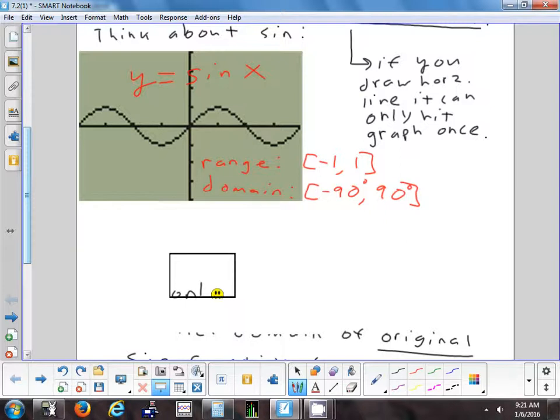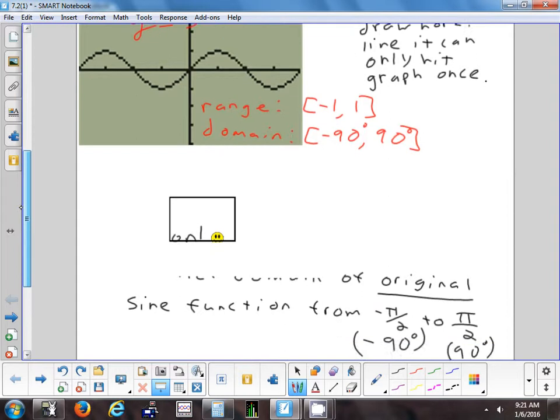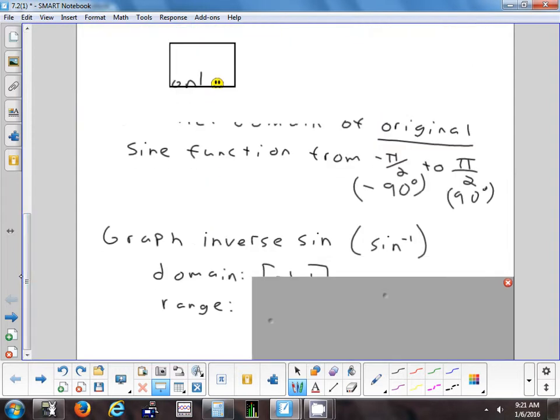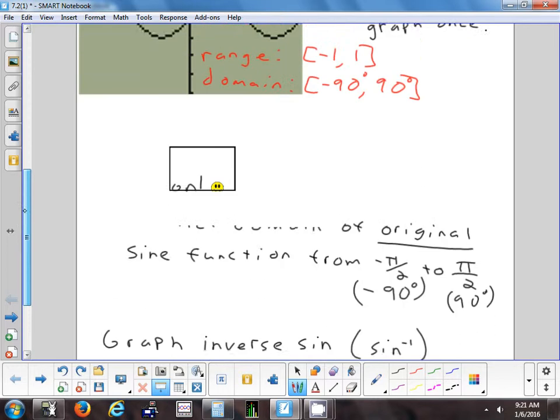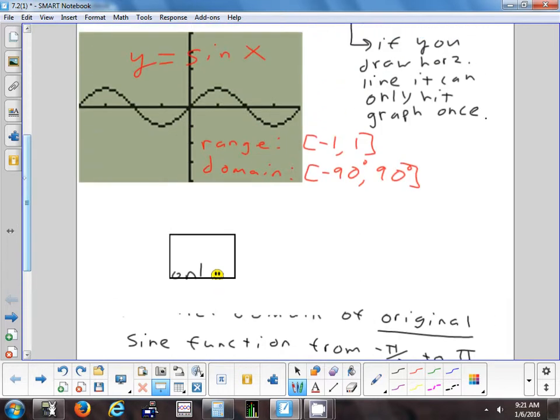Well, what's going to happen in the inverse is that's going to switch. So now instead of the range being negative 1 to 1, in the inverse, the domain is negative 1 to 1. Okay, that's what inverse functions do. They switch the domain and range. Before, our domain was negative 90 to 90.